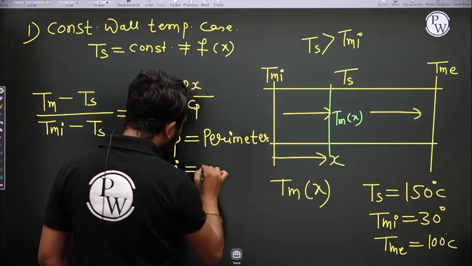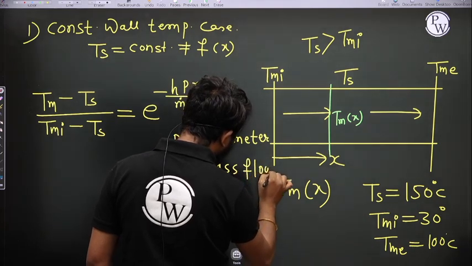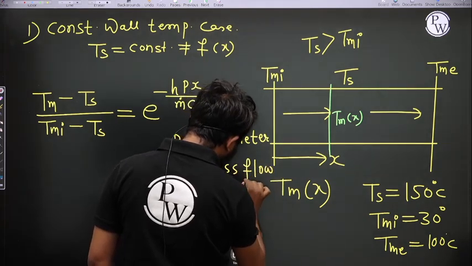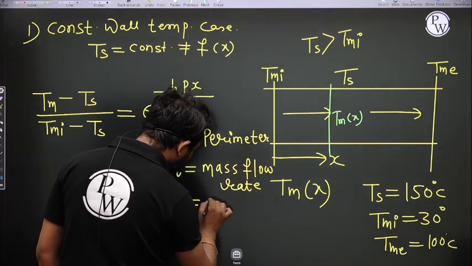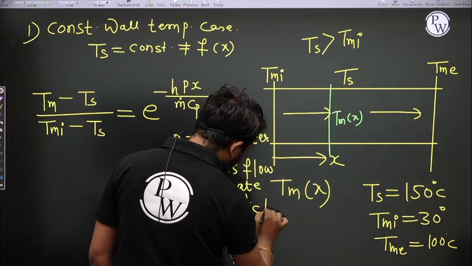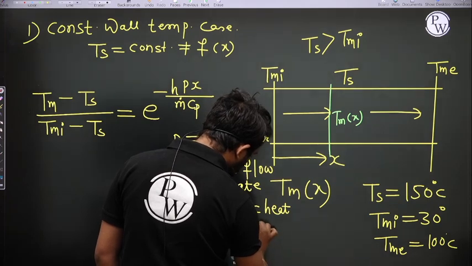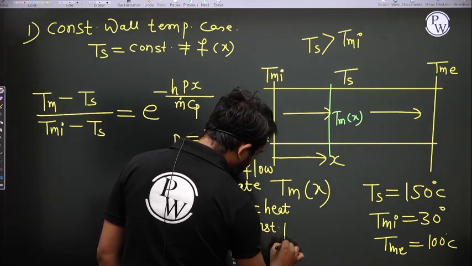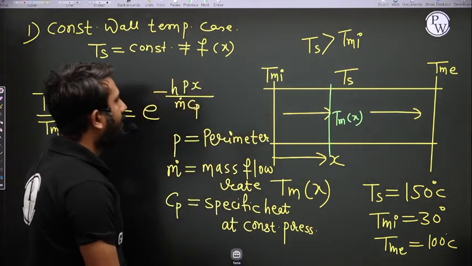This m dot is the mass flow rate. And what is this Cp? This Cp is the specific heat at constant pressure.